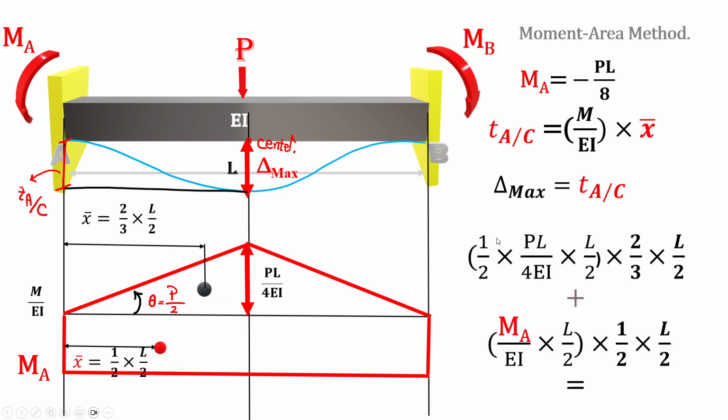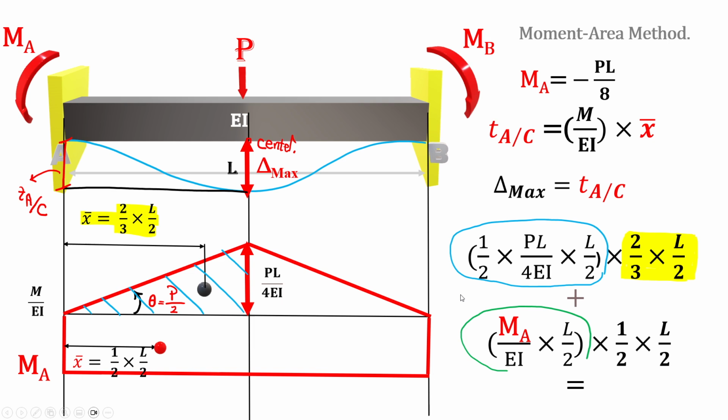Knowing our centroids and areas, and taking half of them because we are moving from A to the center, that's half of PL over 4EI times L over 2 times 2/3 of L over 2, plus the bottom part, the greenish area, MA over EI times L over 2 for this rectangle times half of L over 2. This is again X bar for the bottom area.